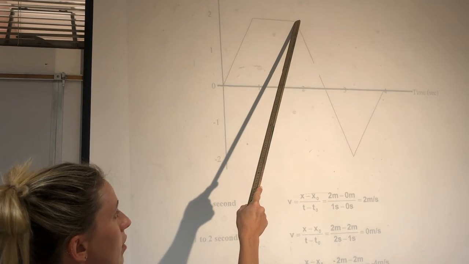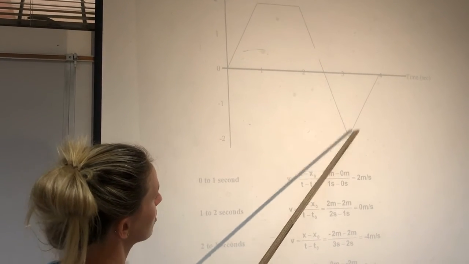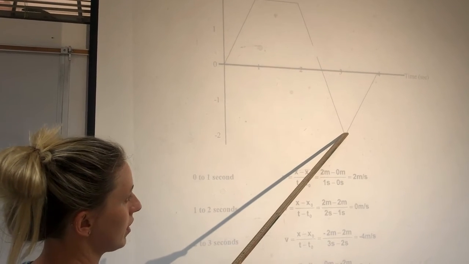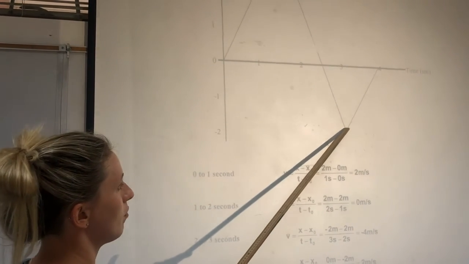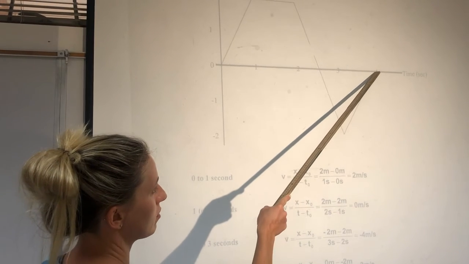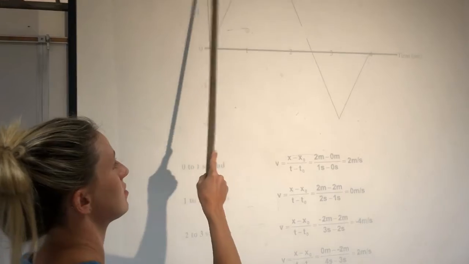What will that look like on a velocity versus time graph? From 2 to 3 seconds, this entire time you have a constant -4 meters per second. What will that look like? From 3 seconds to 4 seconds, we have a constant 2 meters per second for our velocity. What will that constant velocity look like on a velocity versus time graph?